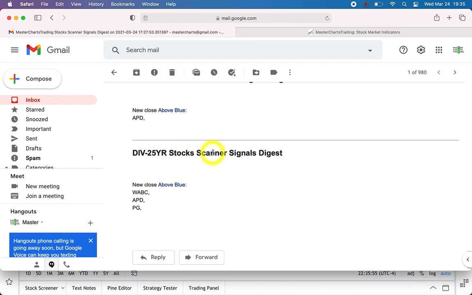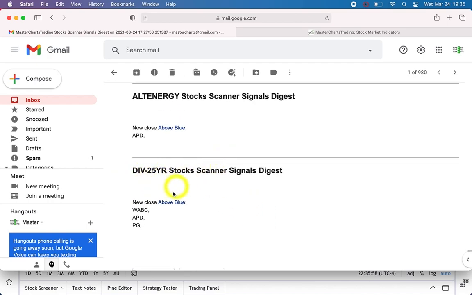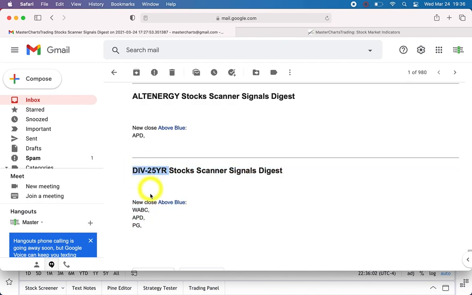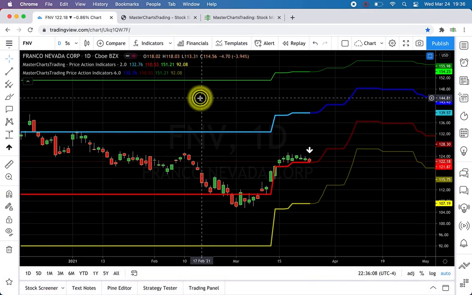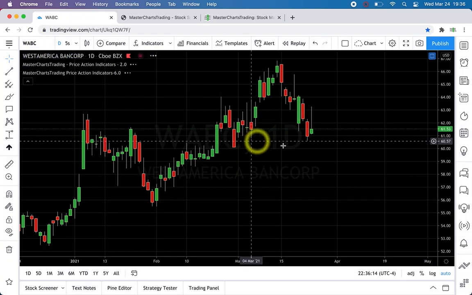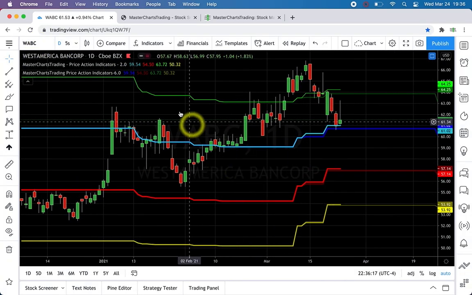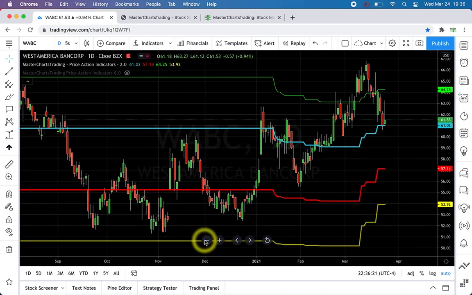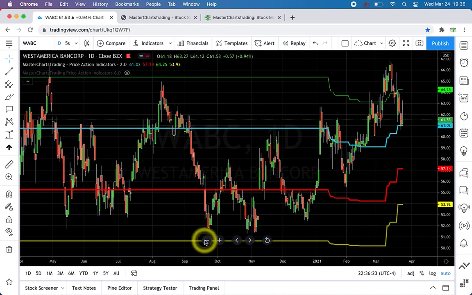And then also there are some really cool stock lists, like for example dividend payers that have been paying for 25 plus years. So these three stocks have been paying dividends and increasing dividends for 25 years. So it's very long-term investment, I guess, kind of, and people kind of like that kind of thing.